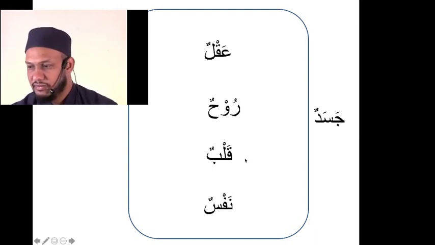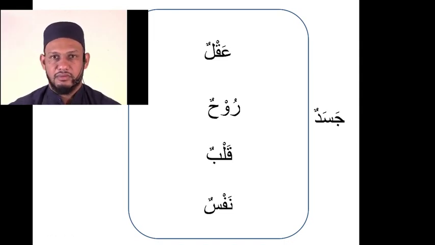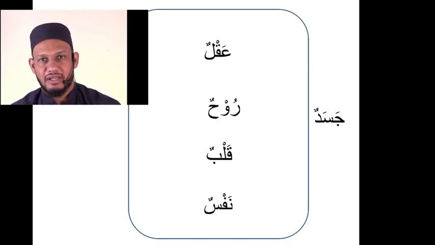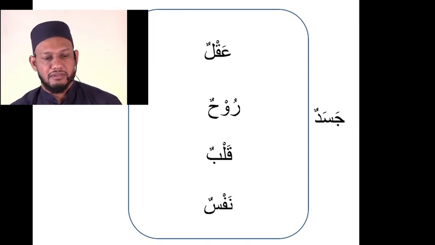The aql, which has intelligence, has the job of being the rational, thinking, logical, intelligent part of a human being that is able to restrain, hold back and tie down a person's lower desires, emotional passions, anger, greed, and those things.